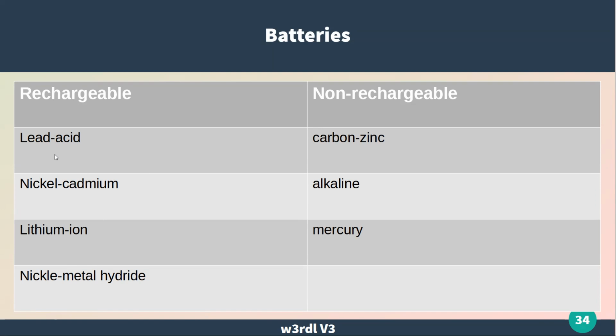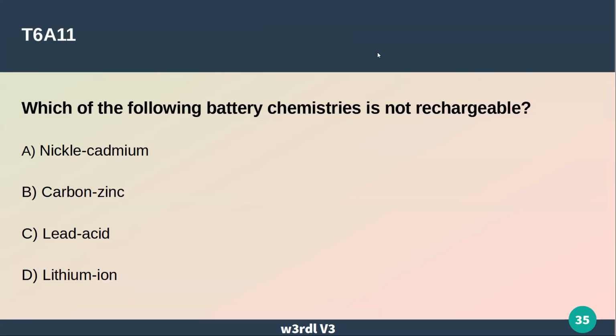But all of those are rechargeable, whereas your carbon zinc, like flashlight batteries, or the alkaline version, or the mercury batteries that you see in hearing aids and button cells, a lot of those are mercury or alkaline. None of those are rechargeable. So that's the main difference.